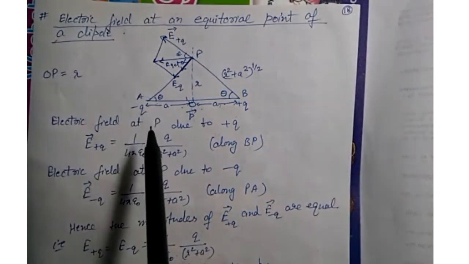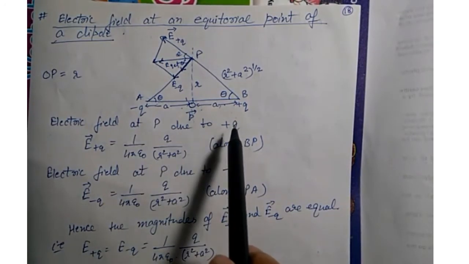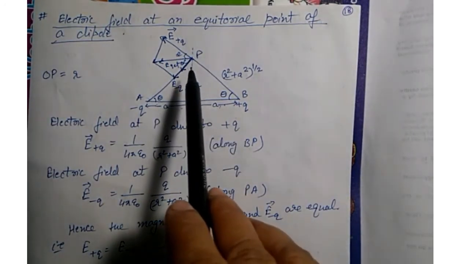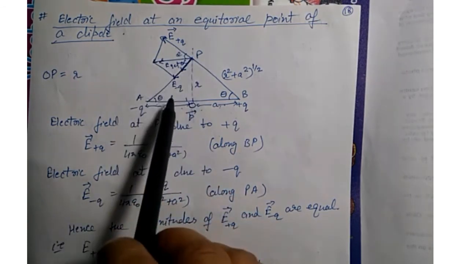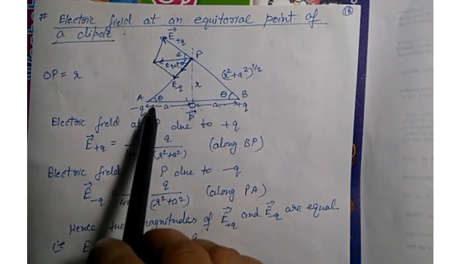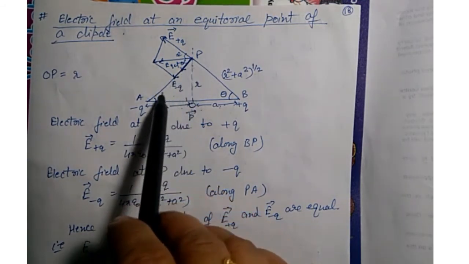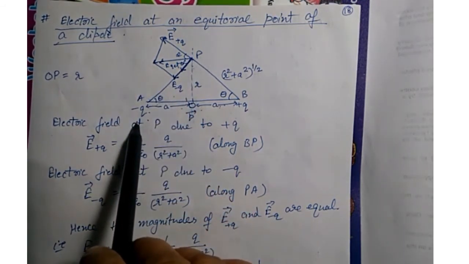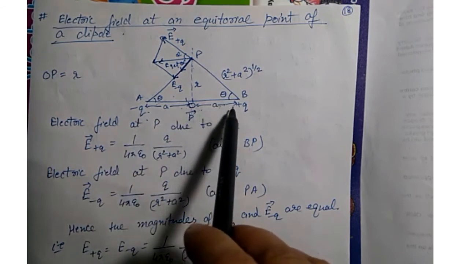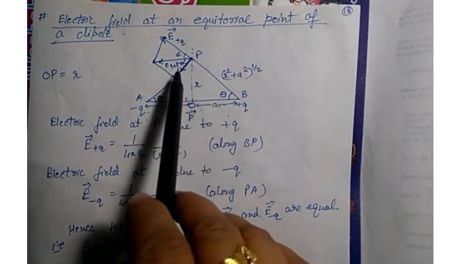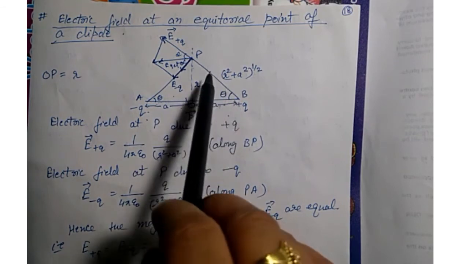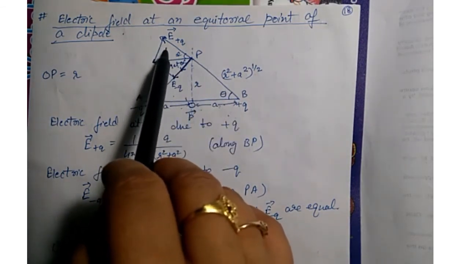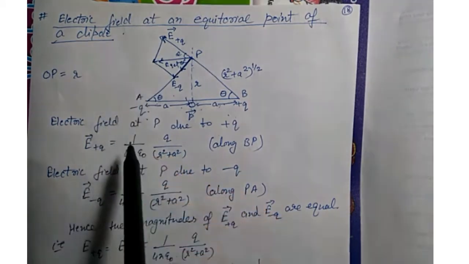Now, because of charges minus Q and plus Q, electric fields are acting at point P. So, due to charge minus Q, the field is along PA towards the negative charge, and due to plus charge, the field at point P is along the direction BP, away from the positive charge.